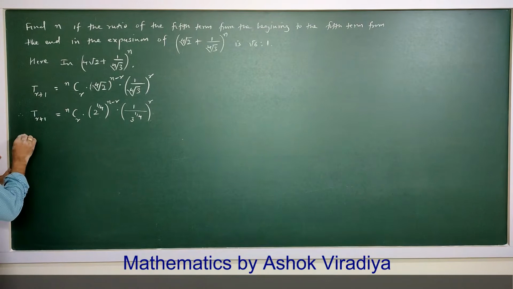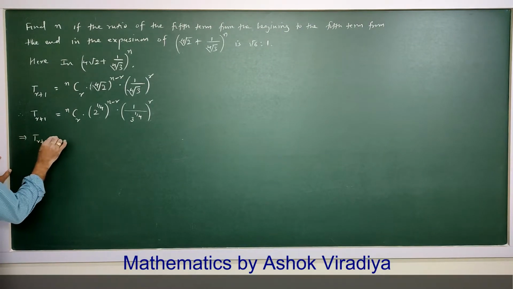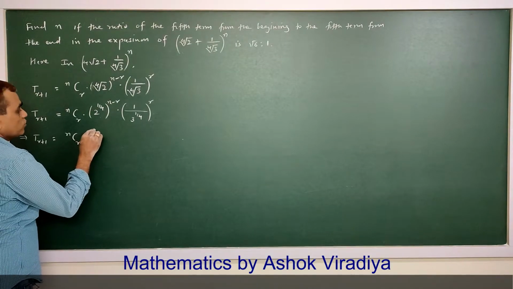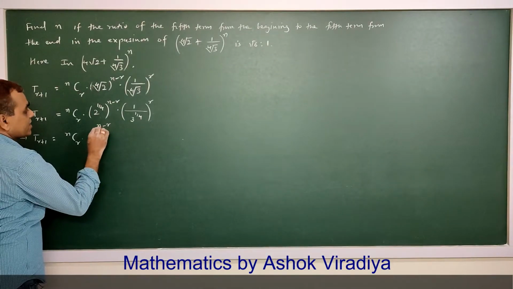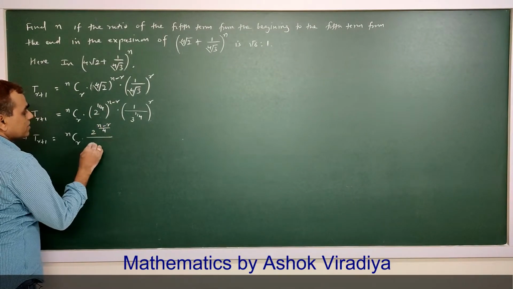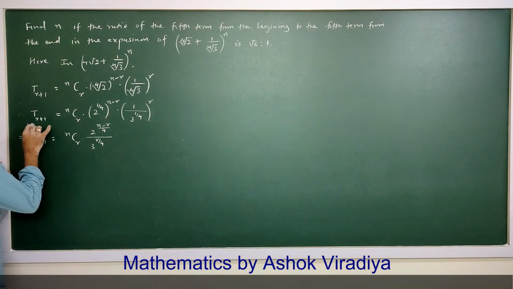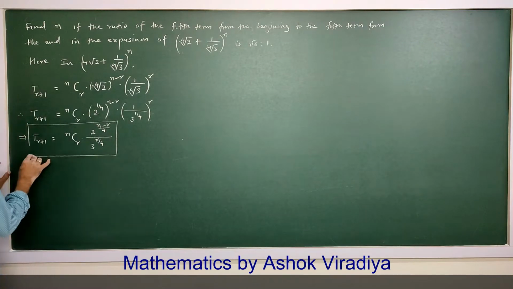So the r plus 1th term is NCR 2 raised to n minus r by 4 upon 3 raised to r by 4. It is the r plus 1th term, the general term.